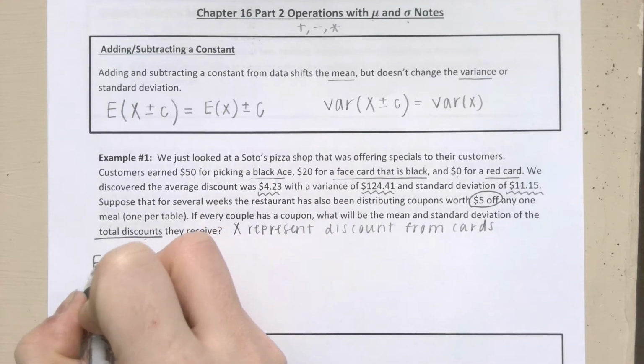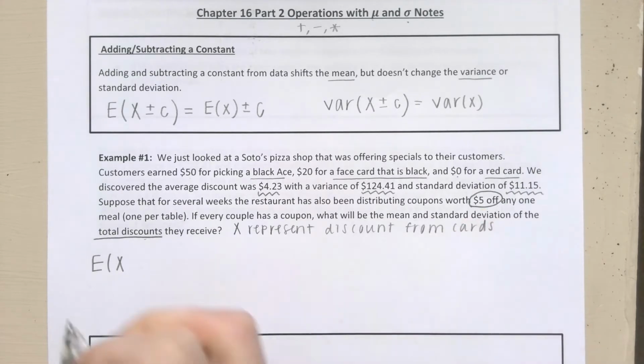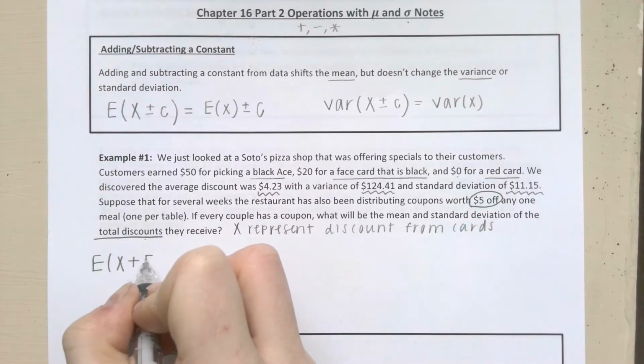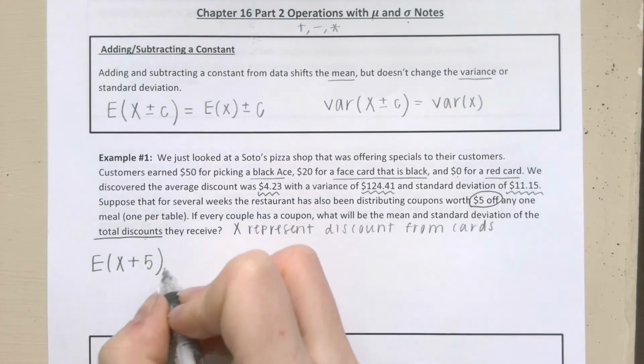When I go to find the mean of my random variable x, the discount, we're now adding an additional $5 off, so I'm going to do plus 5. Expected value is pretty easy.